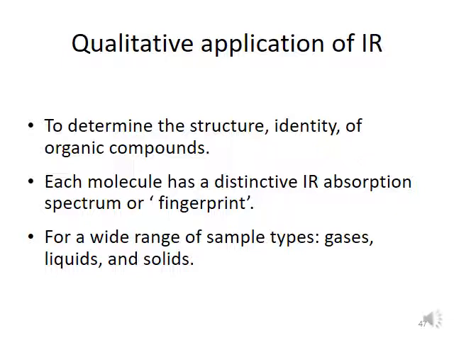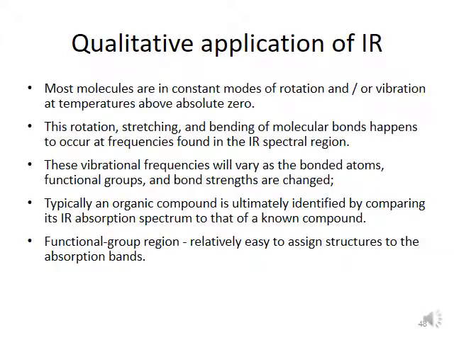If it is more than 1000 per centimeter, we can simply determine the main functional groups in our sample. Basically, infrared spectroscopy can be used for many kinds of samples: gas, liquids, and solids.